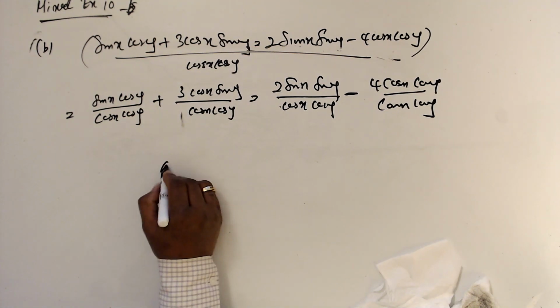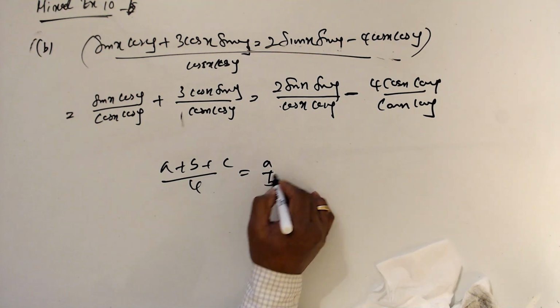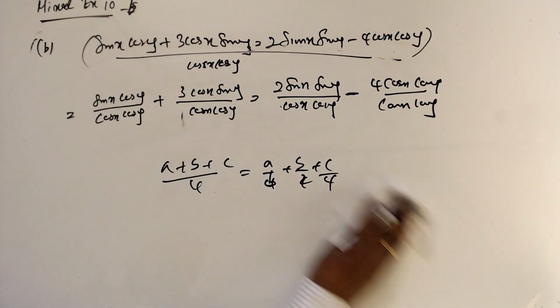What I did was, it's like a plus b plus c divided by 4: a divided by 4, b divided by 4, c divided by 4. That's what I did here.